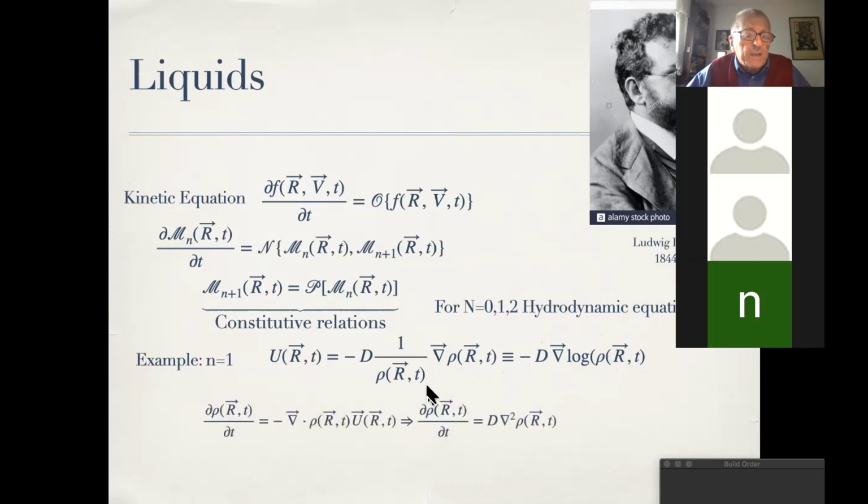So if we write the continuity equation, which was the zeroth moment, that the change of density, that is the zeroth moment of f, is related to the first moment and to the second moment. Well, if we substitute this constitutive relation here, we obtain a very simple equation which contains only the density.